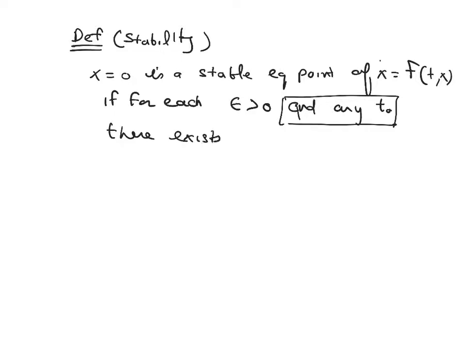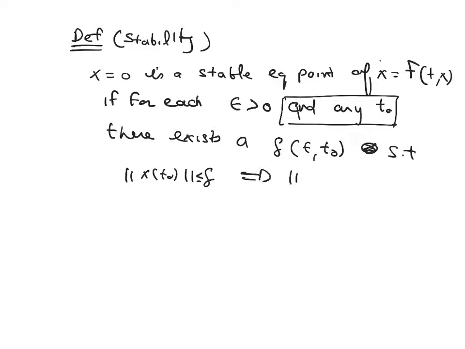There exists a delta which is not only a function of epsilon but also of t0, such that if your norm of x of t0 is less than or equal to delta, it implies norm of x of t is less than epsilon for all t greater than or equal to t0.